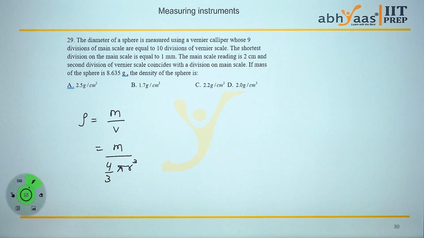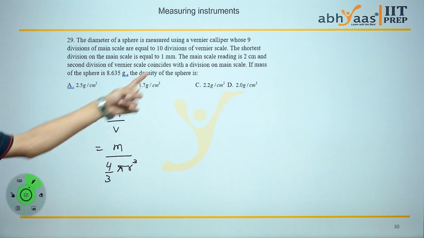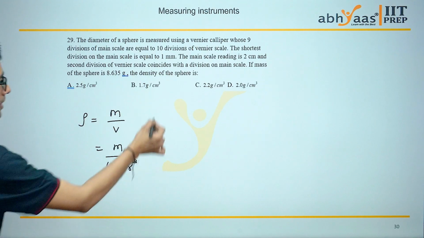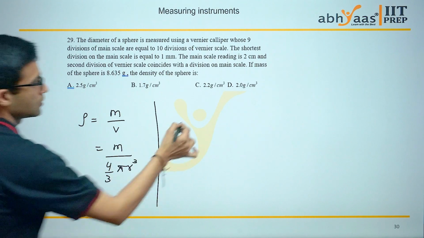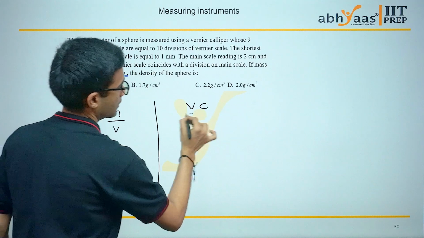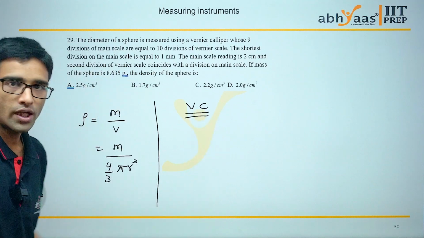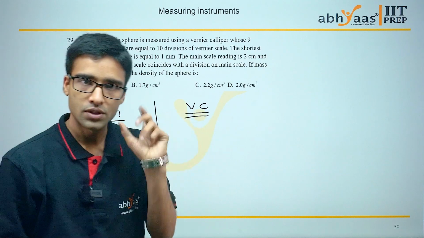But we have to calculate the radius. We have to calculate the radius using the vernier calipers, which I am writing as VC. We are using the vernier calipers to calculate the radius of the sphere.